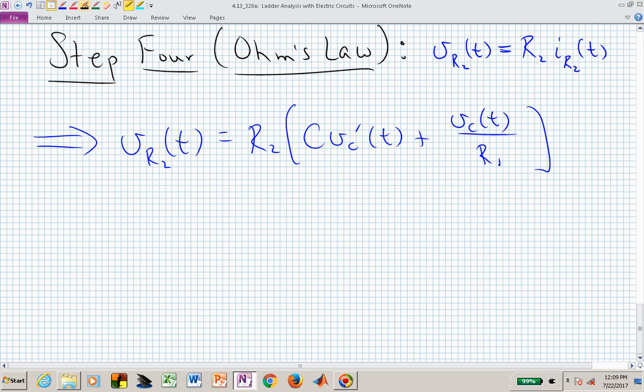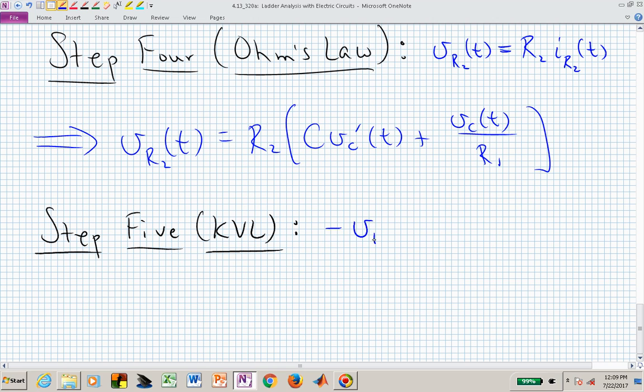Step 5 then is going to be KVL. And here KVL is minus V sub R sub 3 of t plus V sub R sub 2 of t plus V sub C of t equaling 0.